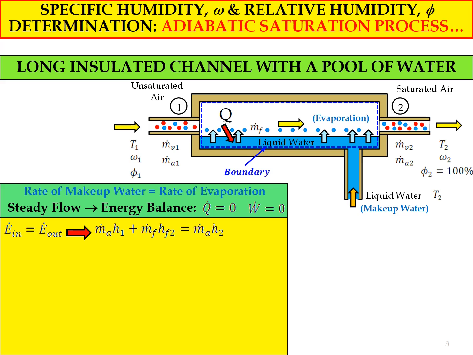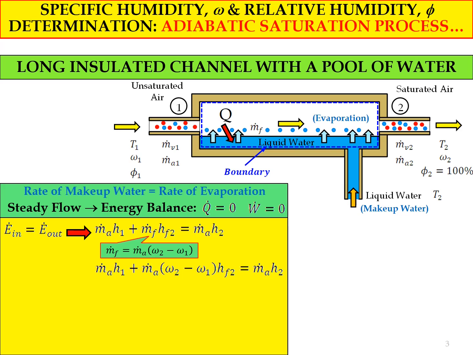Now if we replace the value of mf dot with the equation that we already derived before, we will get ma dot multiplied by h1 plus ma dot multiplied by omega 2 minus omega 1 multiplied by hf2 equal to ma dot multiplied by h2.